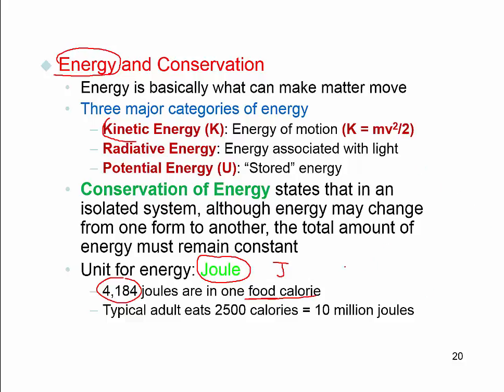Now, let's take a little break from here and figure out what is a joule of energy. Can you figure out an object that has a mass of 1 kilogram? Well, if you have an object of mass 1 kilogram, and if you lift it through 1 meter, the energy that you spend in doing that is about 10 joules.